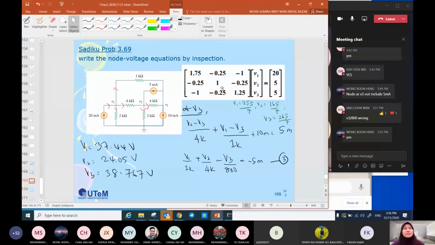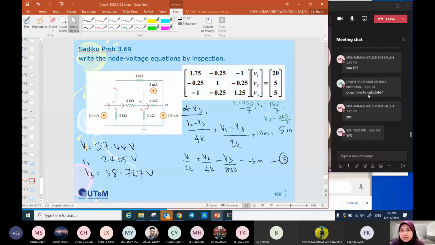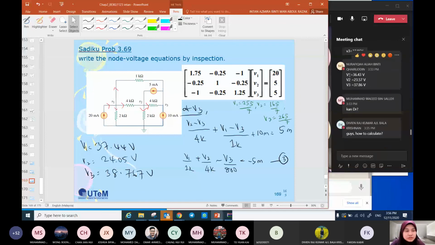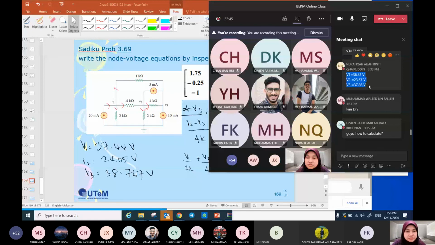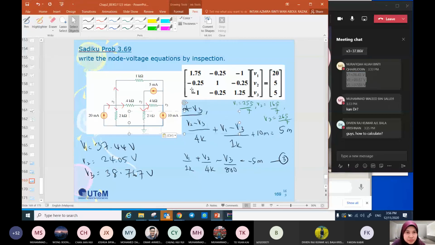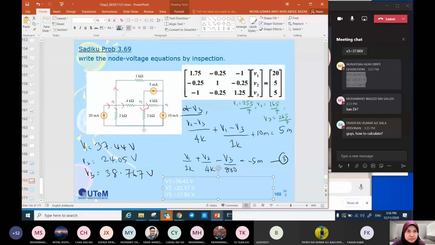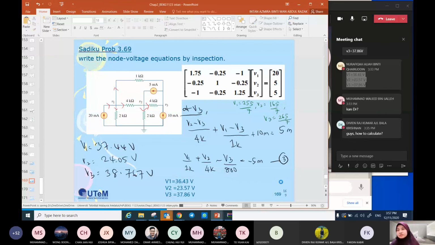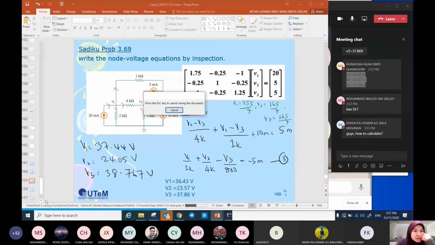Never mind, but please check again and make sure you get the answer is this. Okay, this is the answer. Okay, so this is nodal equation, nodal analysis.